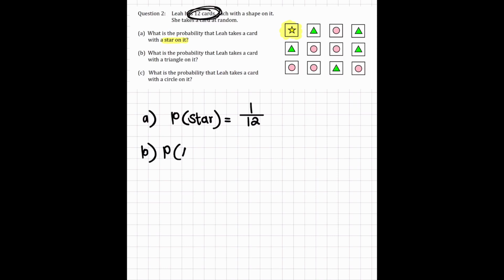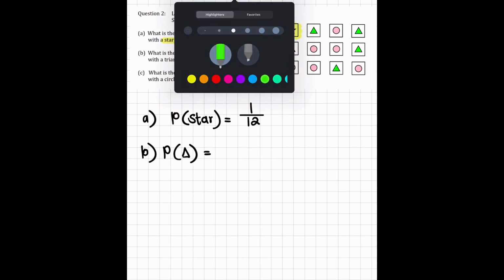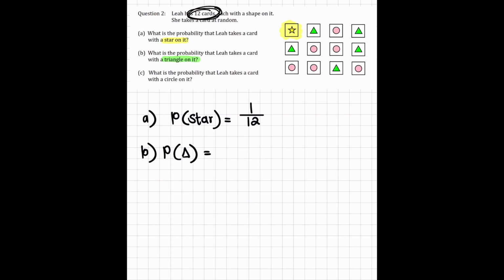What is the probability of it being a triangle? Now, if we look at the triangles, we want it to have a triangle on it, and we have 1, 2, 3, 4, 5 triangles. So the probability of it having a triangle is 5 out of the total number of outcomes, which is 12. 5 out of 12 chance of it having a triangle on it.